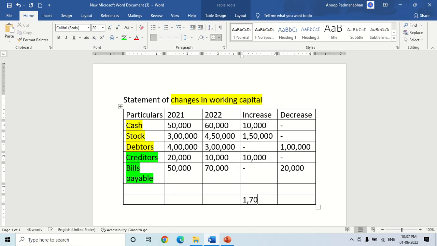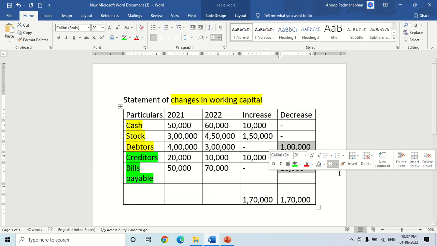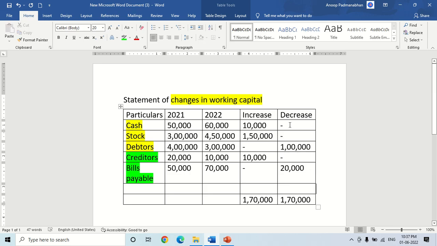So we could write 1,70,000 here in both the places. Here the decrease column total is only 1,20,000, so the balancing figure will come as 50,000.